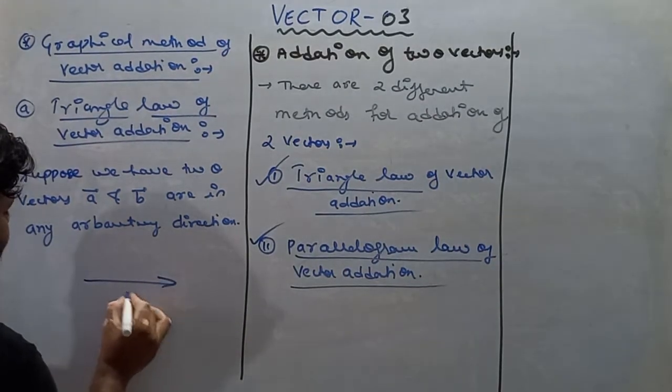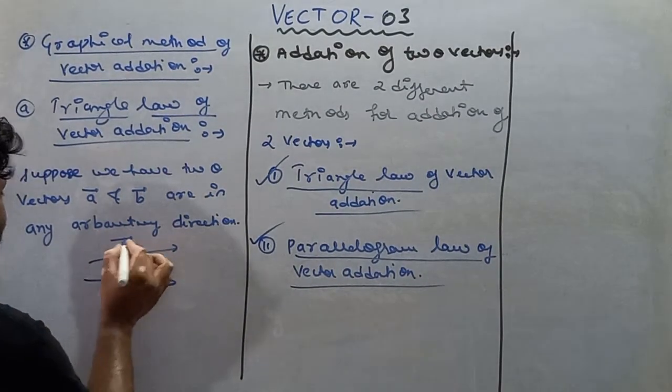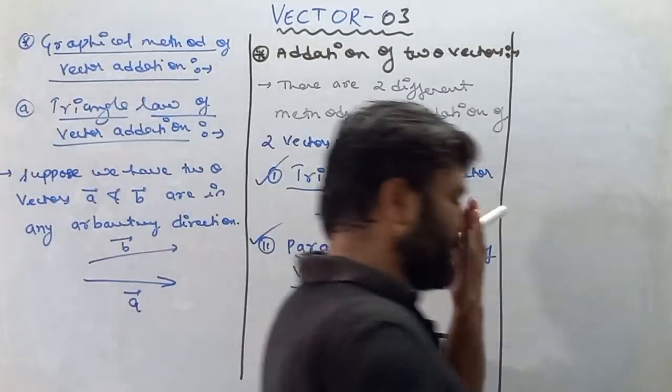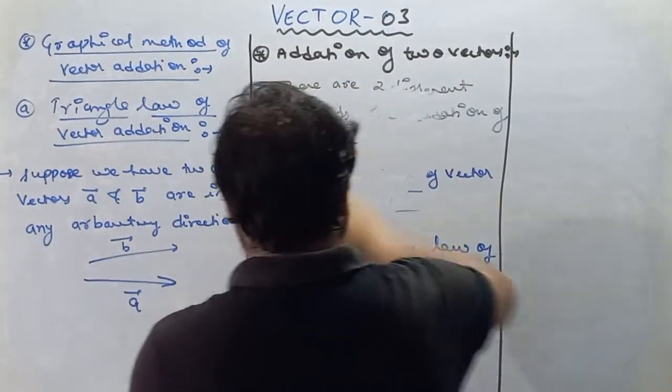Let's suppose one vector is A vector and the other vector is B vector. These two vectors lie in any arbitrary direction, my dear student.